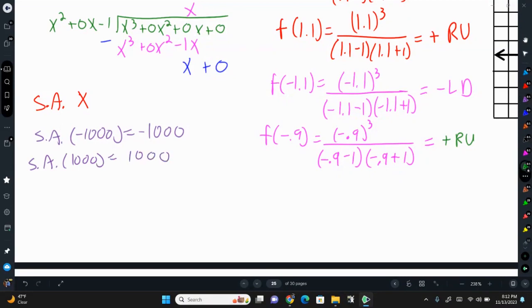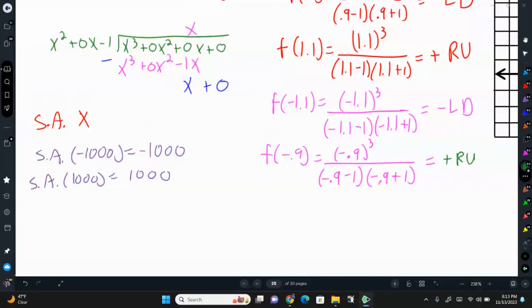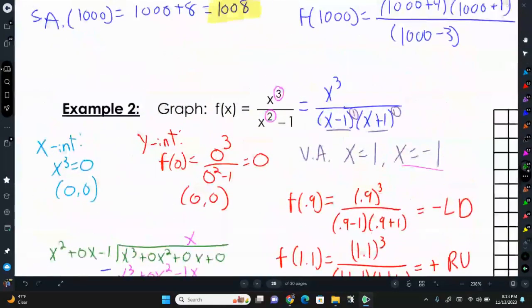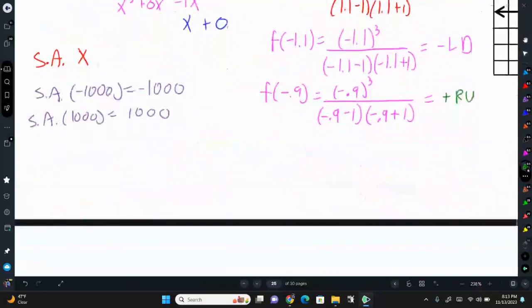Right, now our end behavior. And again, we can evaluate the end behavior in either one of them. I'm going to use the original, the non-factored one, because if I use the factored one, I have two spots where I have to type in 1,000 and negative 1,000, and it just makes it a little bit more prone to mistakes.